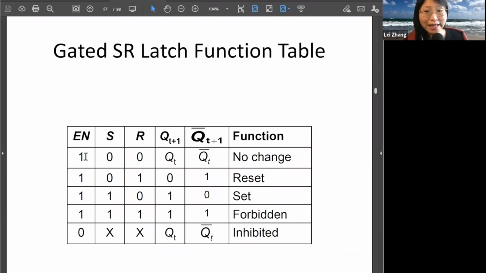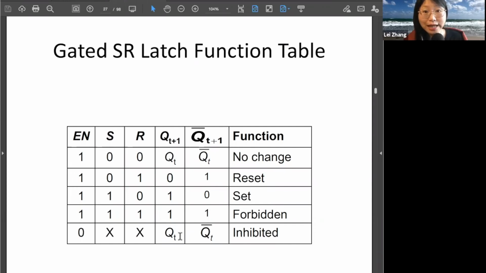When enable EN is 1, the latch functions as normal. When the enable signal is 0, it doesn't matter what the input is, the output will be inhibited. So the output won't change no matter what the inputs are.